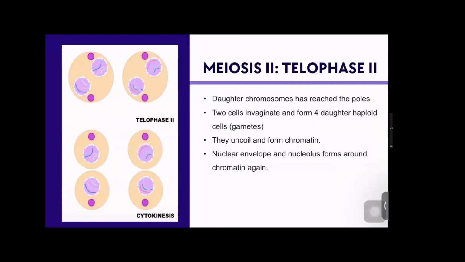And in meiosis 2 telophase 2, the spindle fibers would disappear and the nuclear envelope and nucleolus would form around the chromatin again. Then, once again, cytokinesis would occur. So meiosis 2 would end with 4 genetically different haploid daughter cells, each containing only one set of chromosomes.